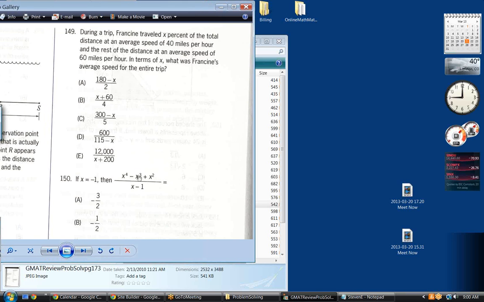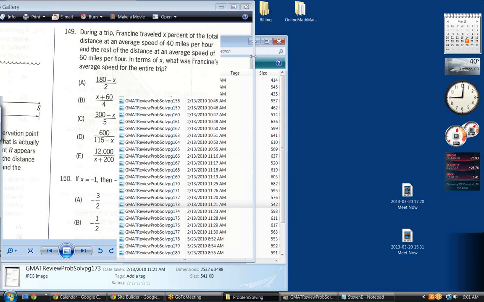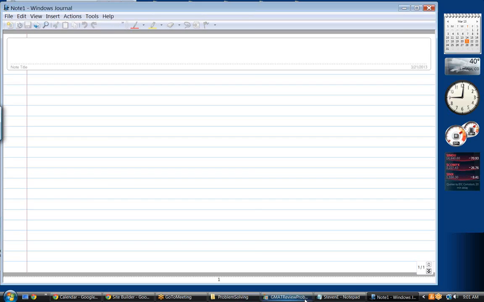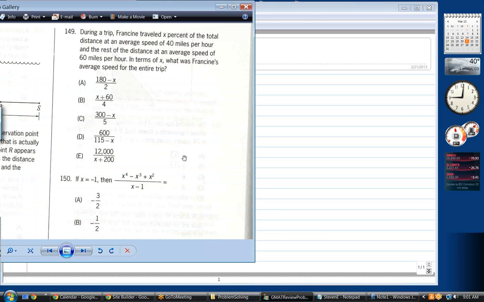Well, let's talk about this problem 149 first of all. I think an important concept for you to know is that if you go someplace at an average speed of 40 and return at 60, you do not average 50 miles an hour.